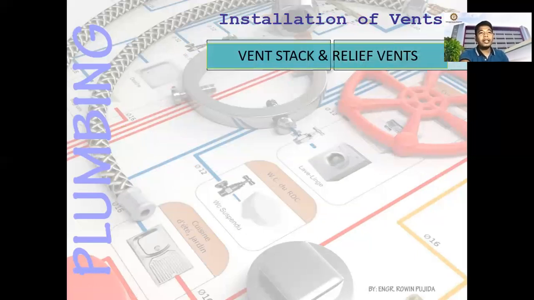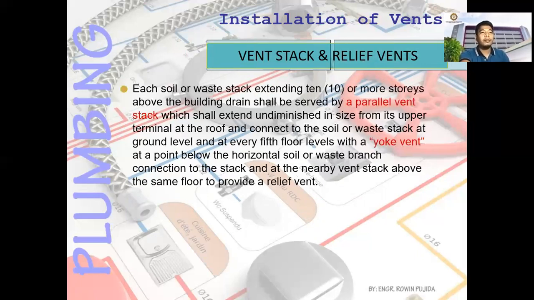Next, we have the installation of vents for vent stacks and relief vents. So each soil or waste stack extending 10 or more stories above the building drain shall be served by a parallel vent stack, which shall extend and diminish in size from its upper terminal at the roof and connect to a soil or waste stack at ground level at every fifth floor level with a yoke vent.